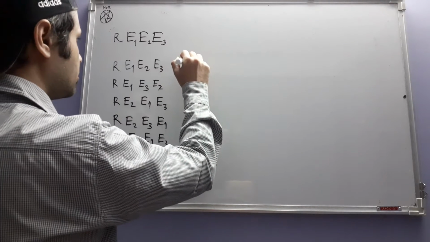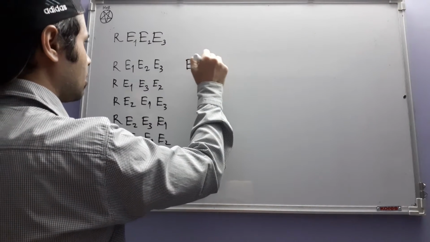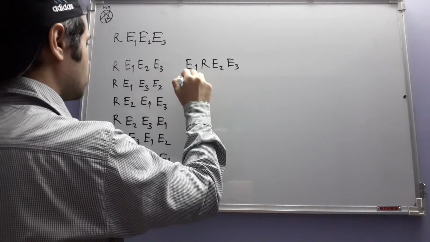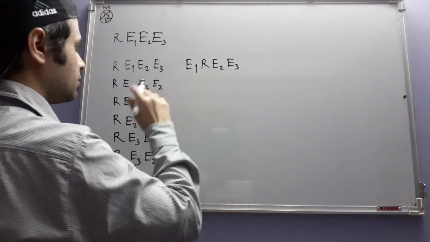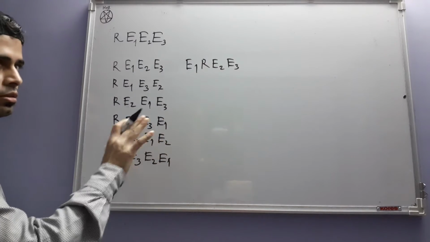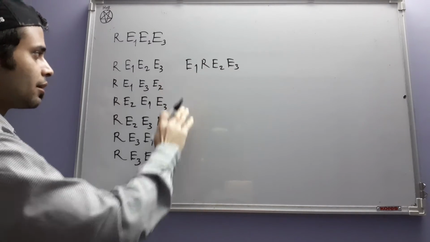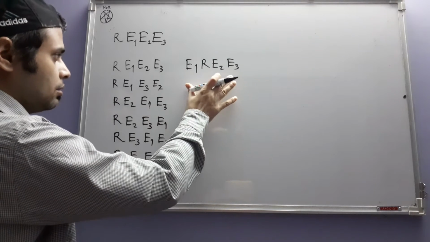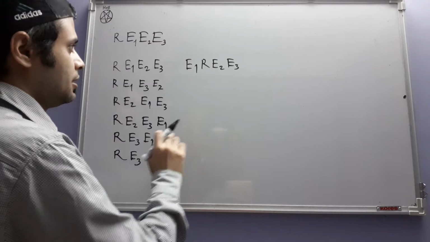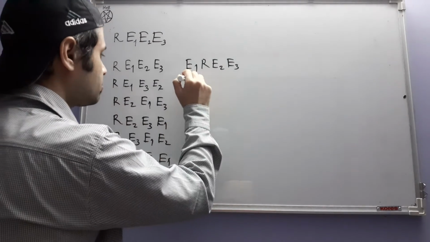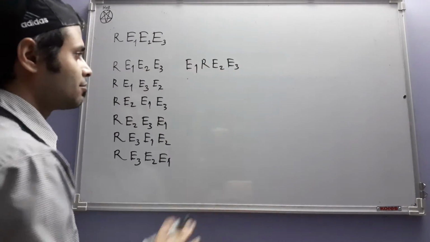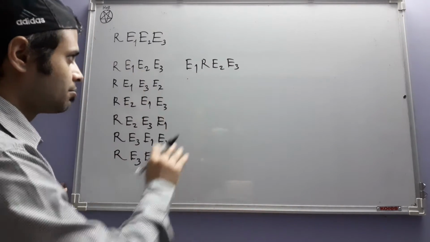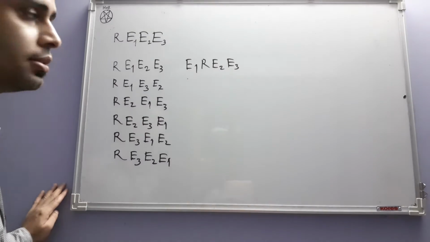This is one column. Then E1 R E2 E3. Now the scheme I am following here is not the usual scheme where I keep the first element fixed and then write the things. I am writing it in a slightly different way. I am keeping R fixed all the time. In every column I am keeping R fixed, but the position of R will change.